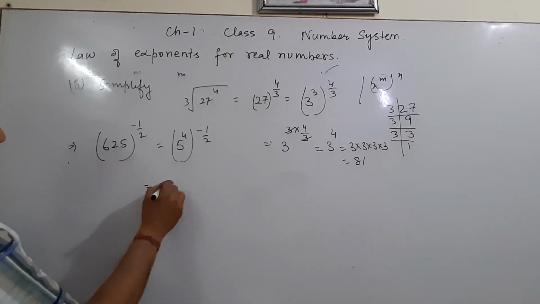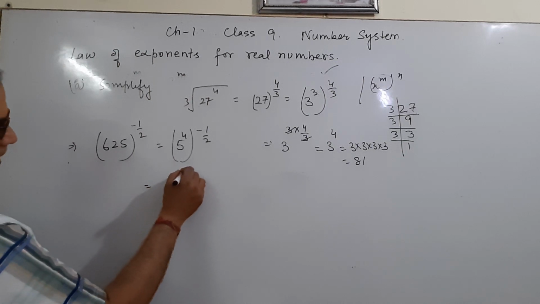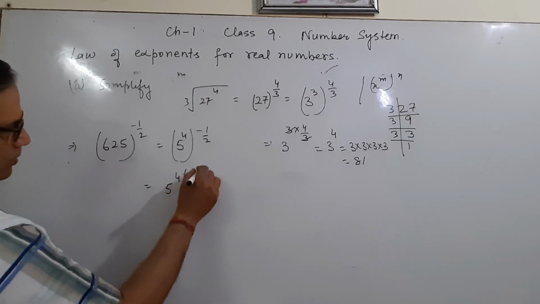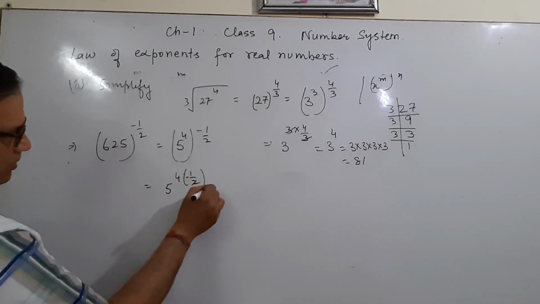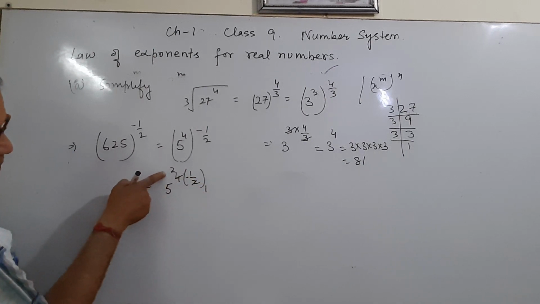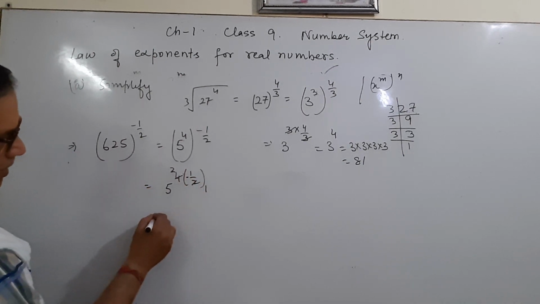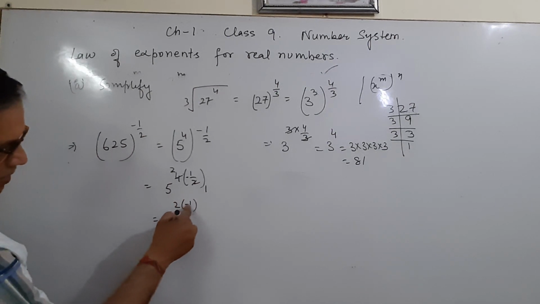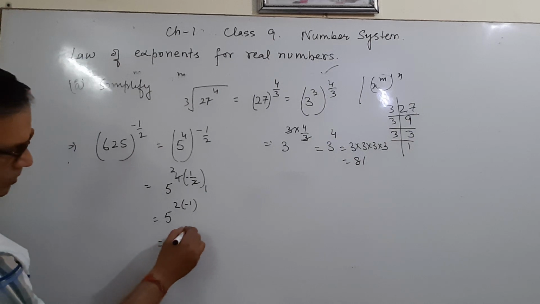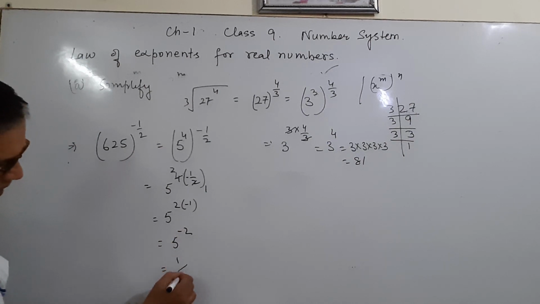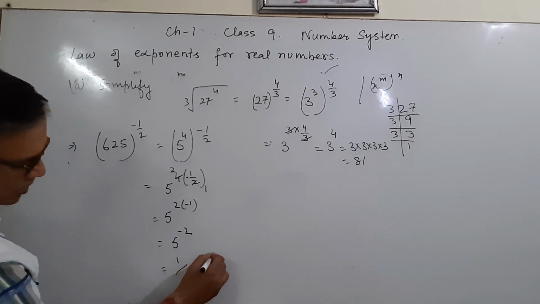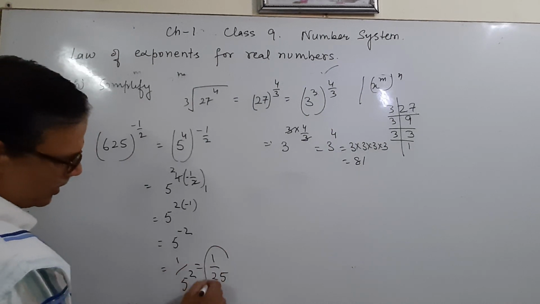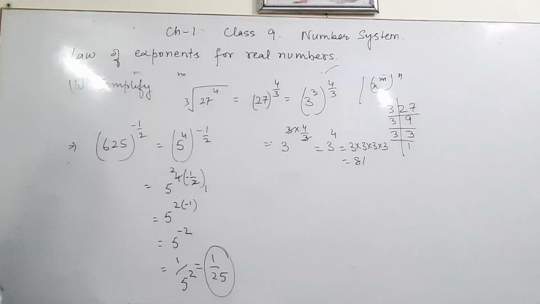This multiplied to this. 5 power 4 multiplied by 1 by 2, and this is minus 2. 2 into 2 is 4. This 2 is multiplied by minus 1. It means 5 power minus 2, and this will be equal to 1 upon 5 power 2, which is equal to 1 upon 25, and it is your answer. Is it clear?